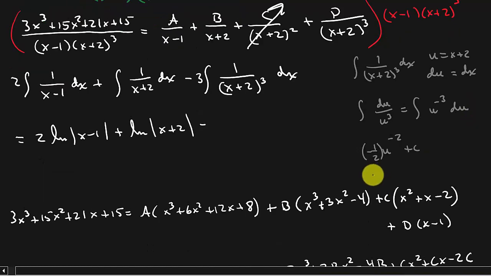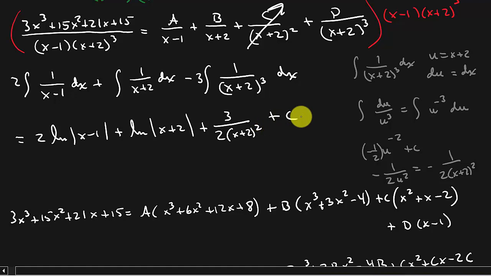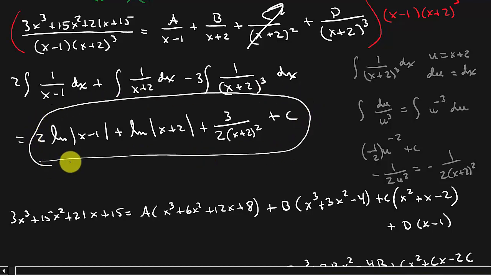And so this is going to be negative 1 over 2u squared, which is equal to negative 1 over 2 times x plus 2 squared. And so the negative and the negative, that makes a positive, and we do have a 3 right here. And so that's going to be 3 over 2 times x plus 2 squared plus c. Okay. And that's your answer. This is your answer right here.